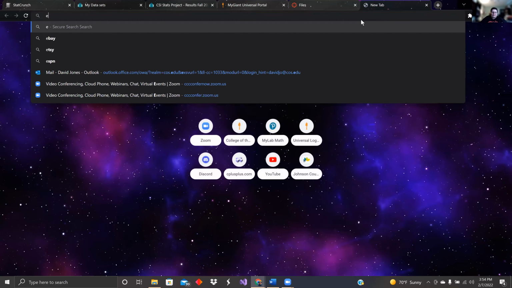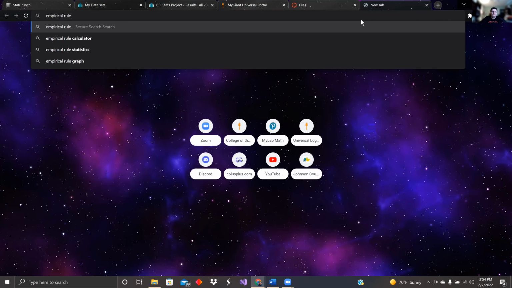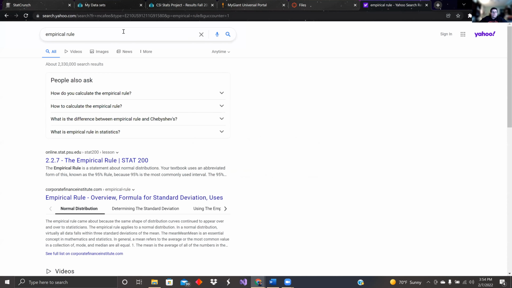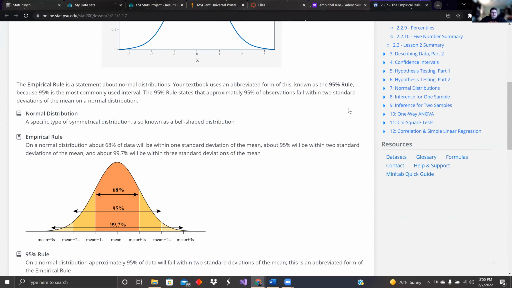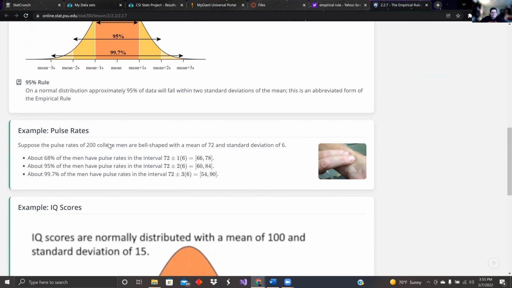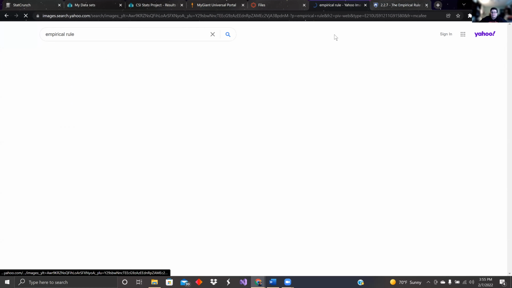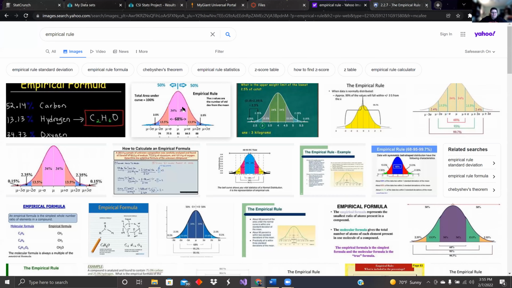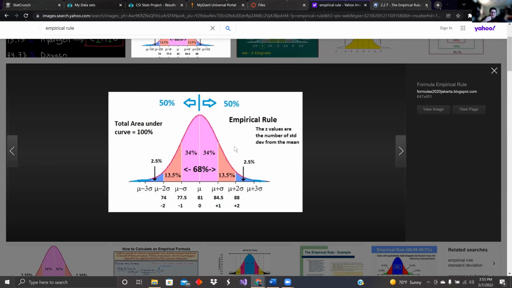One way you can see it real quick is just Google empirical rule. And they show it right there. That's not a very good graph. I'm going to go back and click on images. There we go. That's better. We're going to do Z values on Wednesday. Z values are this week. It's called the Z score. But it's got percentages here. It shows them all.